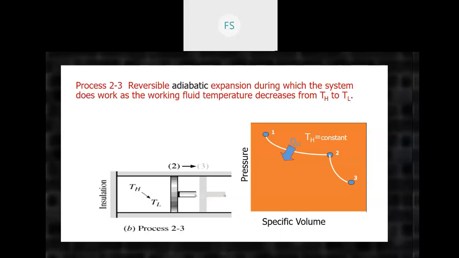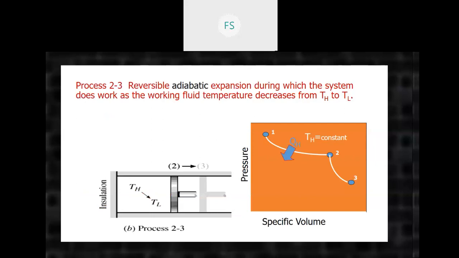For the second process, process 2 to process 3, it is a reversible adiabatic expansion process. During this process, the system does work as the working fluid temperature decreases from TH to TL. Why does the temperature decrease? Due to the insulation.